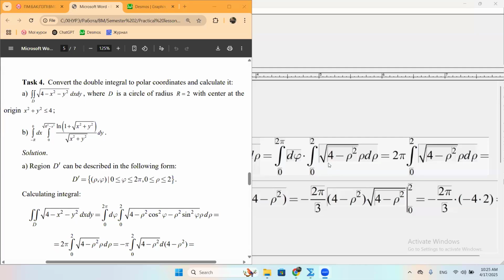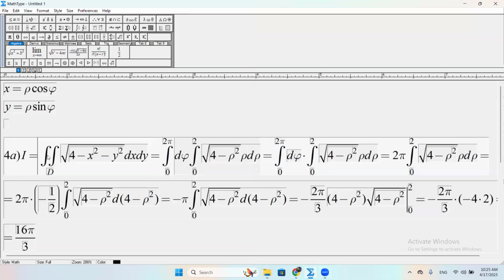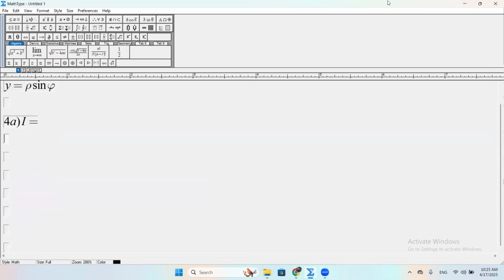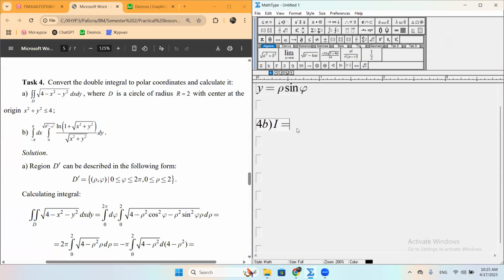Okay, let's continue. So now we'll have another integral. For b, now let's calculate the following integral. We don't have an explicit description of the region, but we can find it from the limits of integration in this integral.